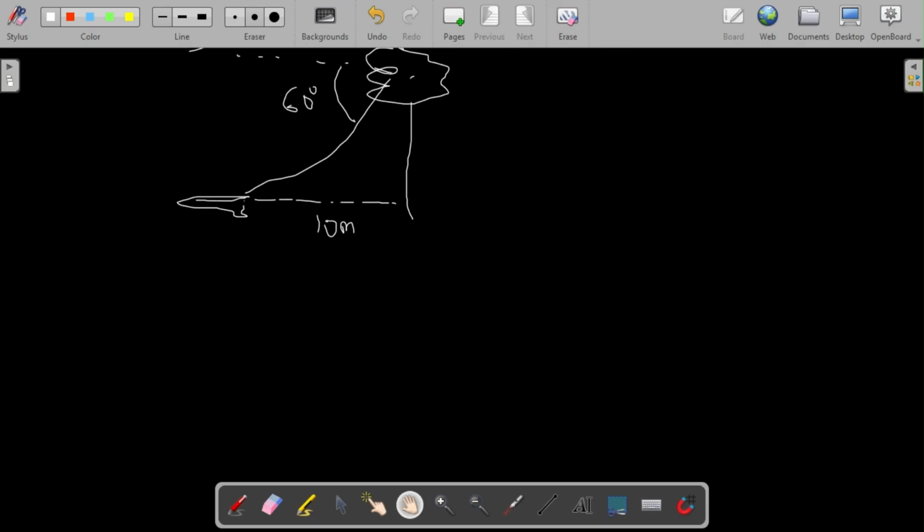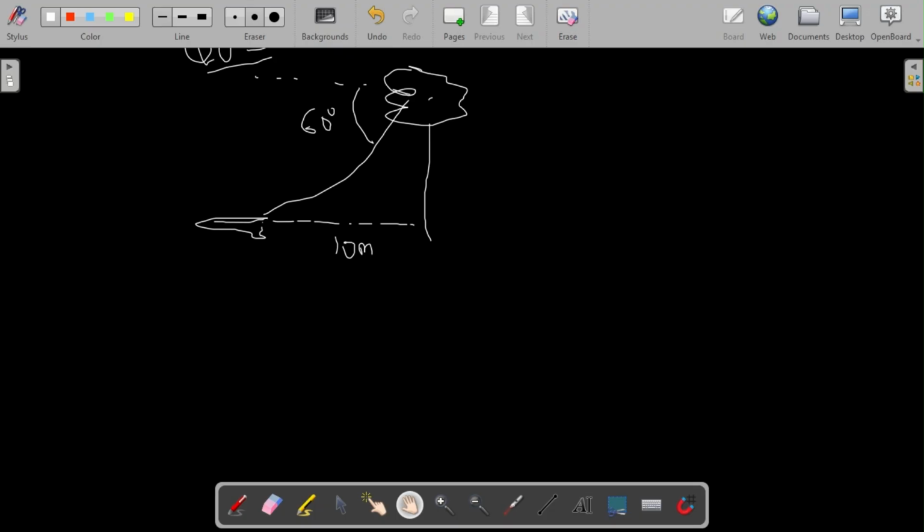So what you do here is very simple. You come here and draw a vector diagram to make it so clear and understandable. So at this place, this is 60 degrees.